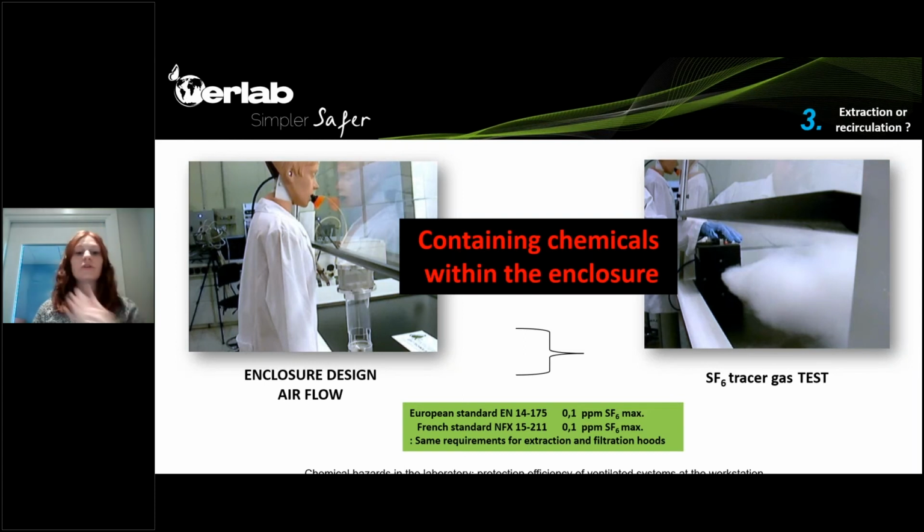And according to the European standard EN 14175 and the French standard NFX 15211, the concentration of SF6 should be 0.1 ppm maximum to make sure that there is a good containment and that the chemist will be protected while using this ducted fume hood.